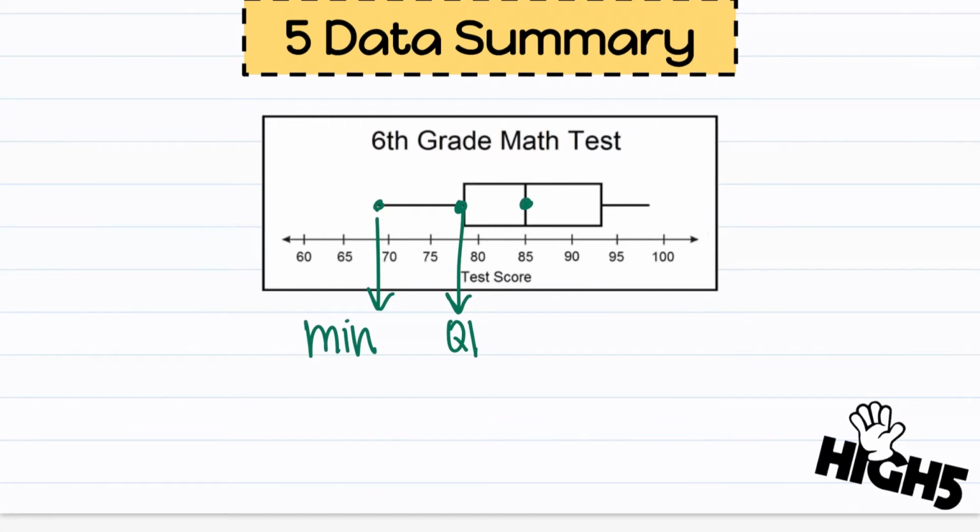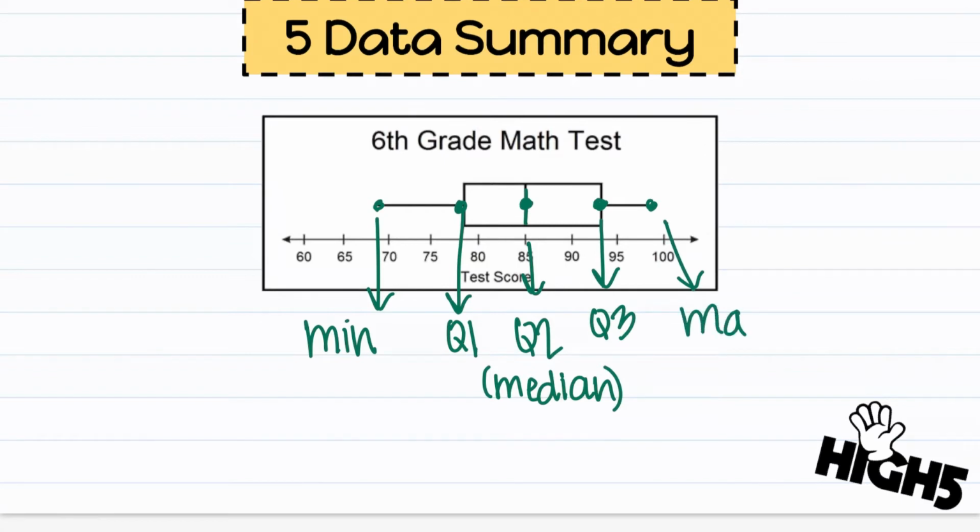The middle point, which is where our line is through, is our second quartile, which means the end of our second quartile values, but we're actually going to call that the median. That is our middle value. This next point right here is our third quartile. And our last point represents the maximum, which is the greatest point on our box plot.